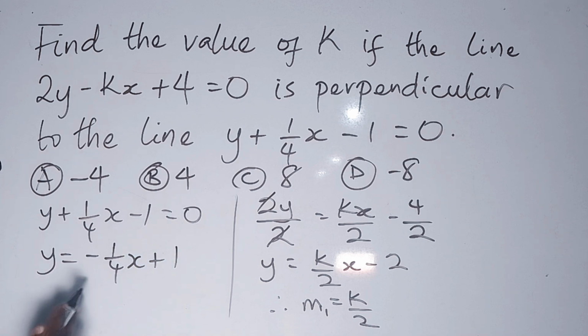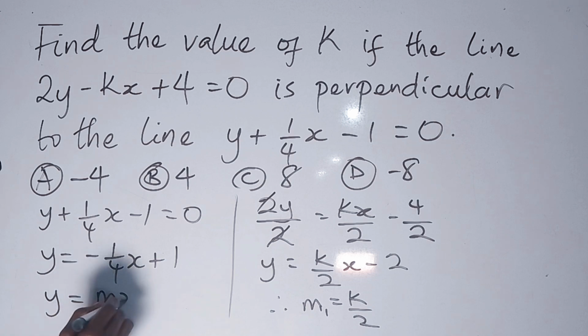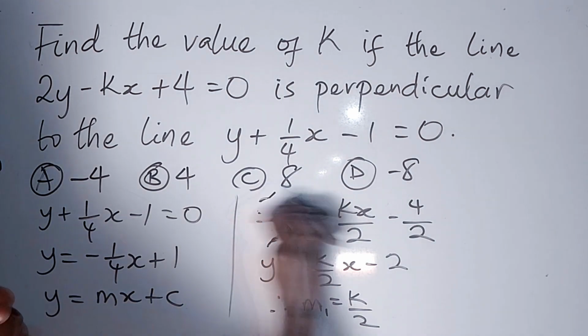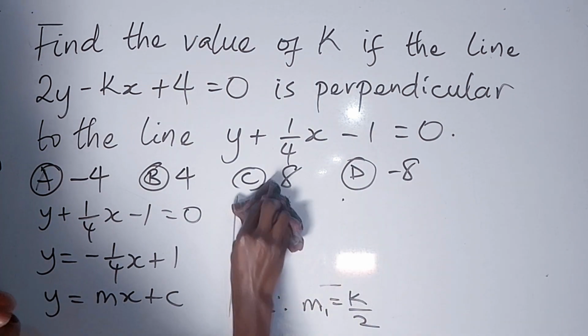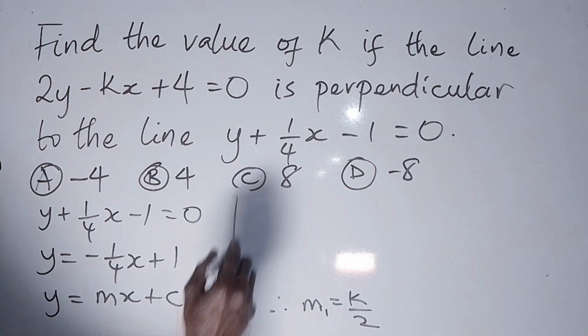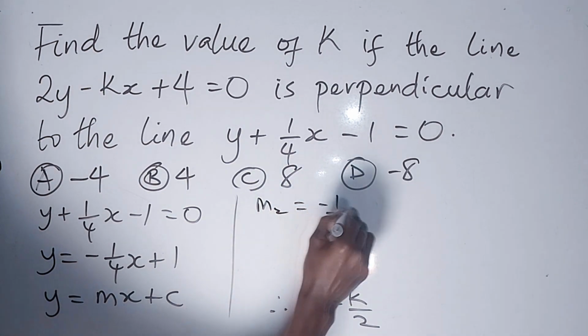Comparing to the general form y is equal to mx plus c, this minus 1 over 4 is our m. So m2 is minus 1 over 4.